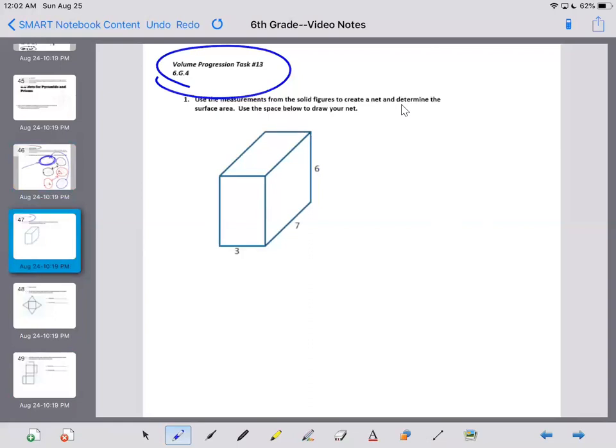But putting a net on the graph paper is really helpful, especially centimeter graph paper. And let's say that these are measured in centimeters. So we've got a length of 3, a width of 7, and a height of 6.